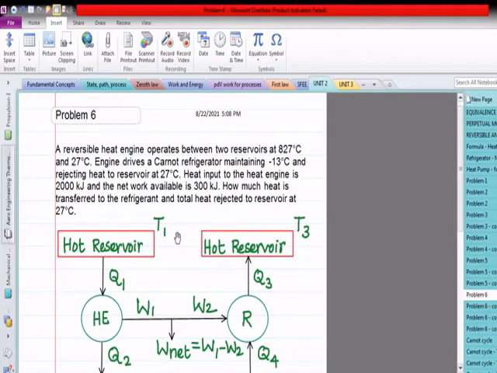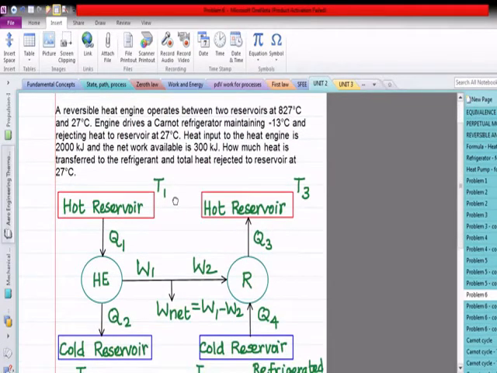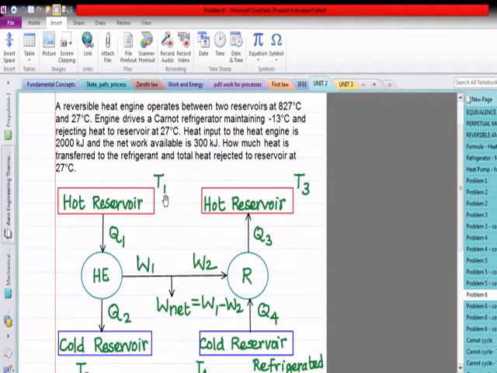So we all know that theoretically we assume the heat engine to work between two thermal energy reservoirs. One is called the source and the other one is called the sink. So the temperatures of source and sink, the two reservoirs, are given here.